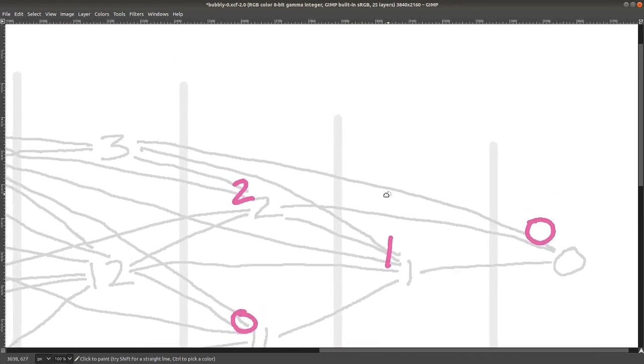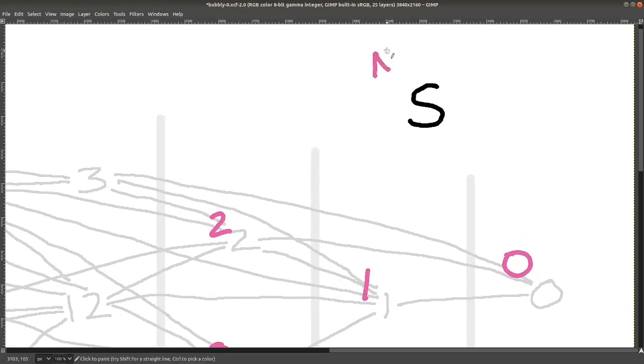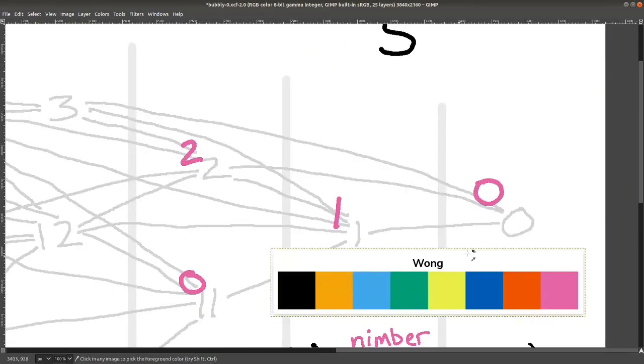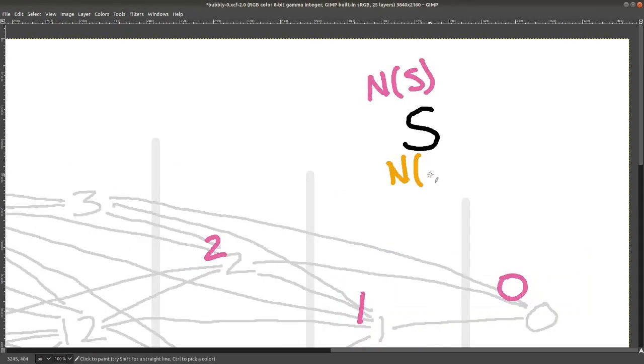Okay, just to be a little more explicit about what I'm doing, for every state here, I'm putting the nimber of that state above it, and below it I'm going to put the nimber of all of the options of that state. So I'll put these in orange below it.